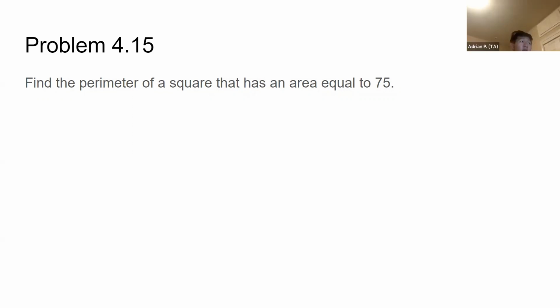If you have the area, since it's a square, one side is equal to the square root of 75, which is equal to 5√3, because you can split square root 75 into square root 25 times square root 3, and square root 25 is just 5. Since it's a square, for the perimeter you just multiply by 4, and so you get 20√3. And that's the perimeter.